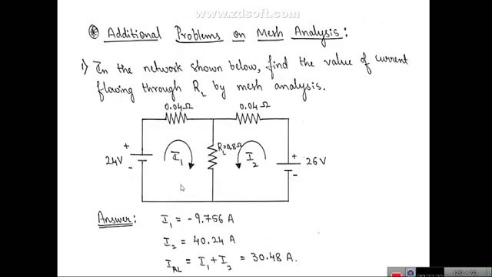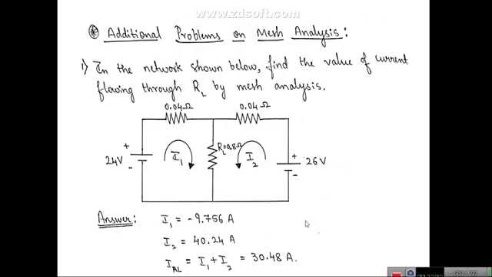First, find the number of mesh equations to be written. By looking at this network, these two are nothing but junctions. The number of branches: this is one branch, this is another, and this is another, so there are three branches. Obviously you have to write only two mesh equations.